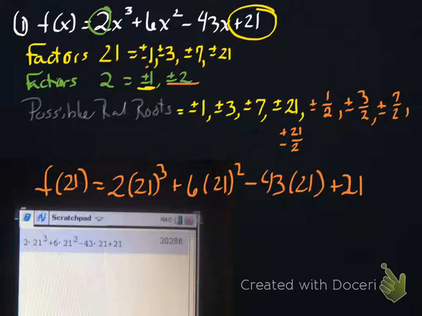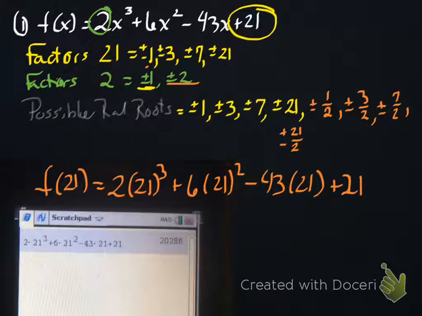So if you type this in your calculator, you should have come up with 20,286. Now, don't delete your calculator. You can actually go back up to that line and just change all the numbers. Click on your problem that you typed in, press enter, and then you can add parentheses and put negatives in front of all those 21s.